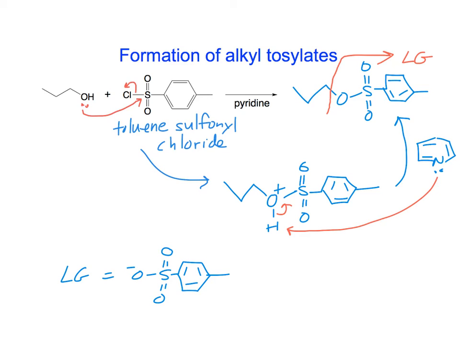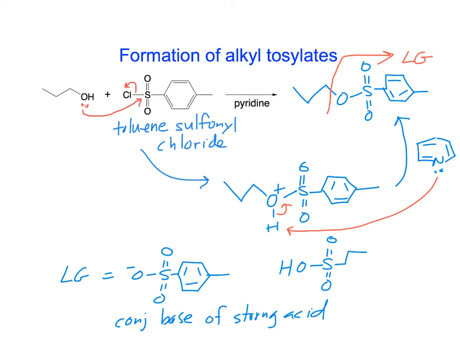All right, so why is this a good leaving group? Because it is the conjugate base of a strong acid. All right, and the acid would be like this. And this is called toluene sulfonic acid.